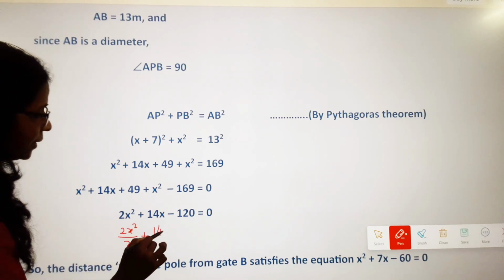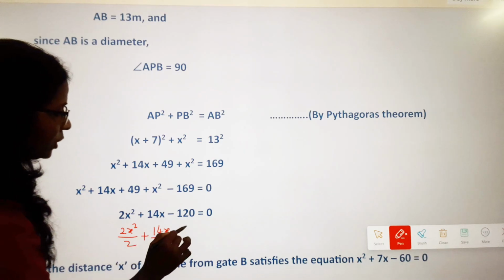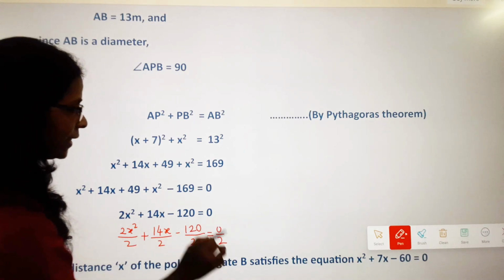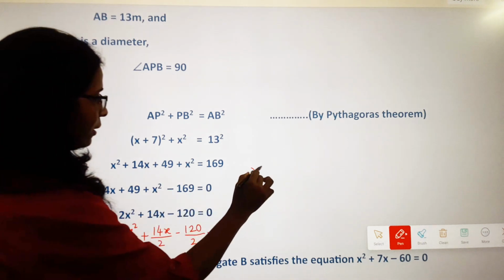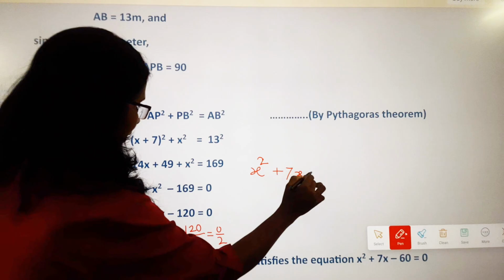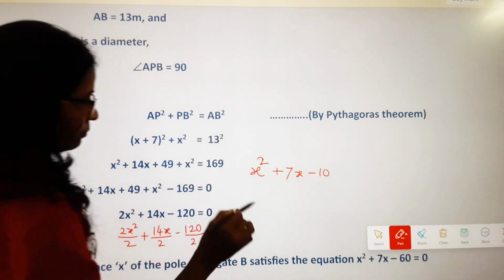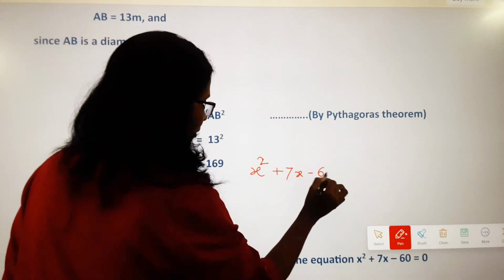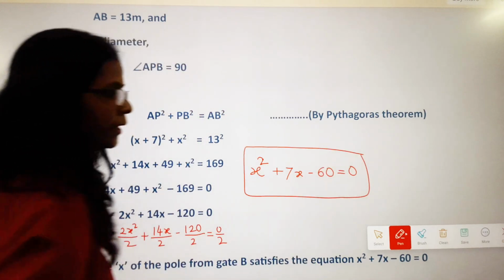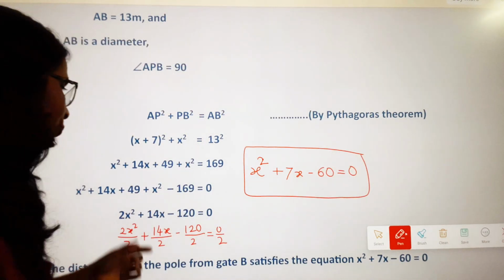So we get the final equation x square plus 7x minus 60 equal to 0. Okay, so this is the final quadratic equation that we get.